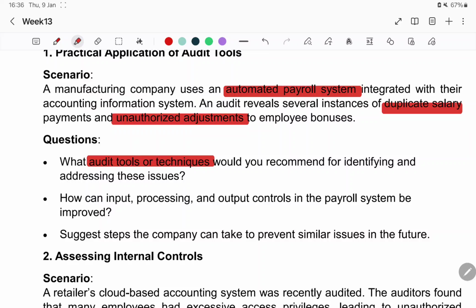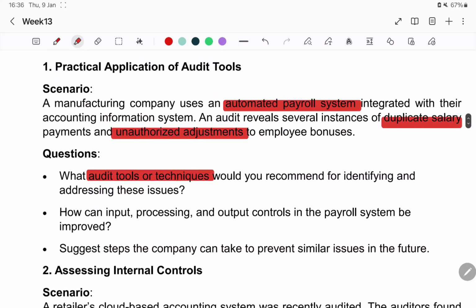How can input, process, and output control in the payroll system be improved? So let me see over here. So how do we improve this one?